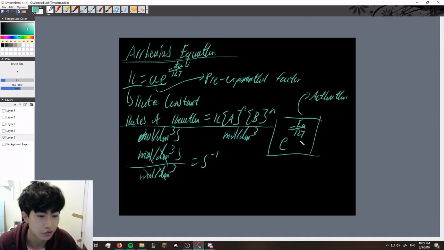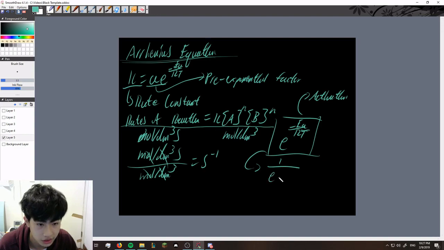R is just our universal gas constant. It's a constant in itself. Temperature is our absolute temperature given in Kelvin. And so if we used indice laws to rearrange this, it could turn into 1 over e to the power Ea over RT.